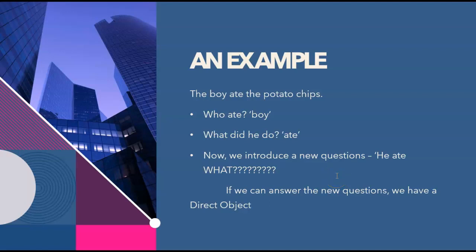We want to ask, he ate what? And if we can answer, he ate what? Then we have a direct object. And we notice he ate chips. Again, I've already mentioned that those are nouns, but hopefully he's only eating nouns. I haven't really thought about that.